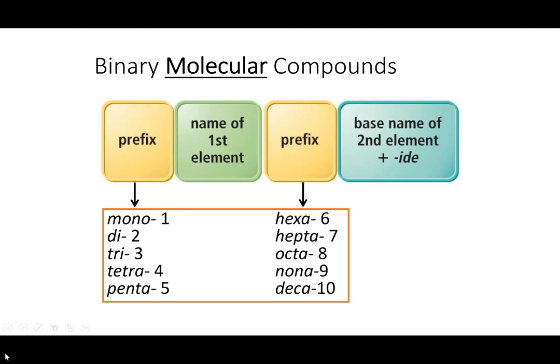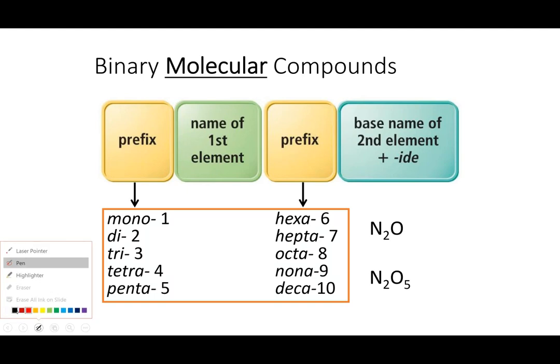So here is our first example. Let's look at this first one, N2O. The first thing that I'm going to do is write down the names of the elements. So the first element I see is nitrogen.